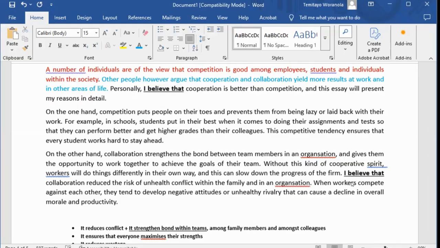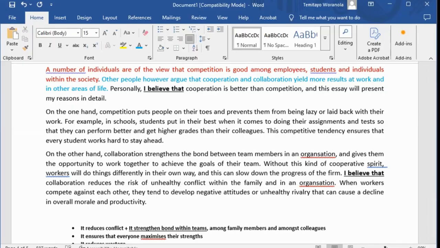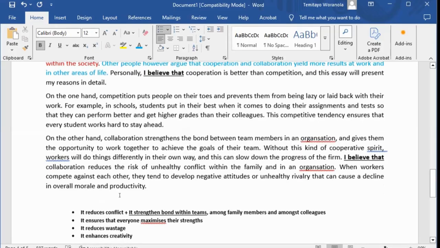Then you can see that I'm doing it again in paragraph 3. I believe that collaboration reduces the risk of unhealthy conflicts within the family and in an organization. When workers compete against each other, they tend to develop negative attitudes or unhealthy rivalry that can cause a decline in overall morale and productivity.